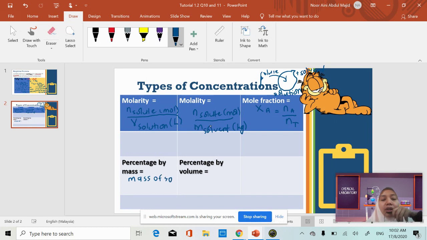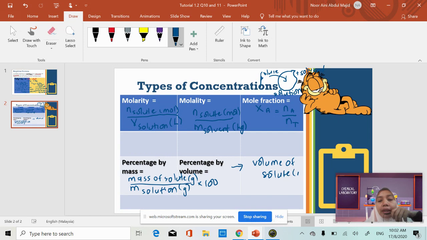It is mass of solute, gram normally, over mass of solution, also in the same unit, times 100, and percentage by volume, similarly, is volume of solute, normally in milliliter, over volume of solution. Alright, we'll stop here and we'll continue in the next video.